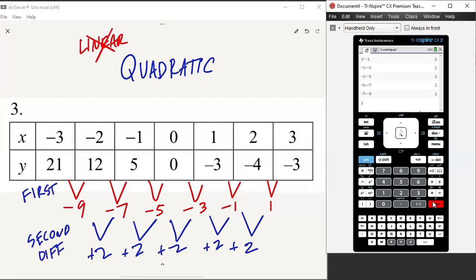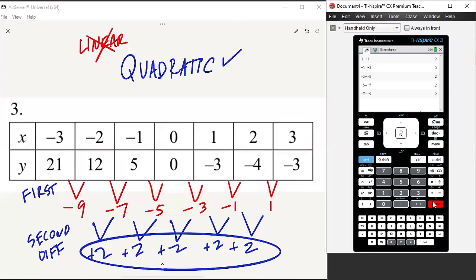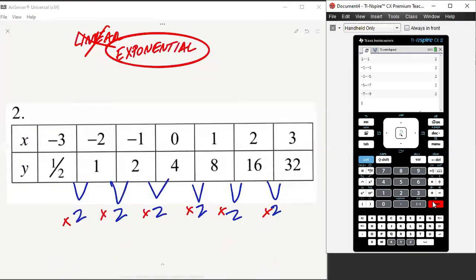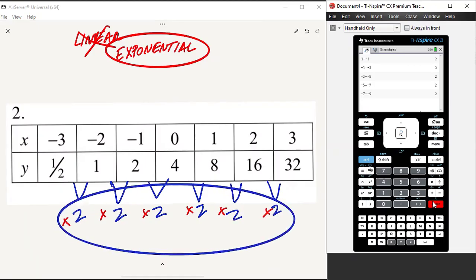If the second difference is all the same, then you're dealing with a quadratic. If the first difference is all the same, you're dealing with linear. And if neither one of those works, if you divide and the ratio is all the same, it's exponential. All right, that's what you're doing.